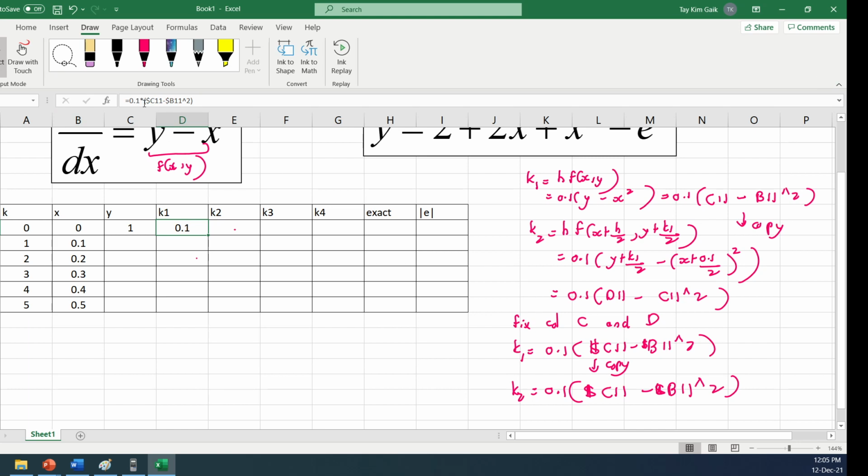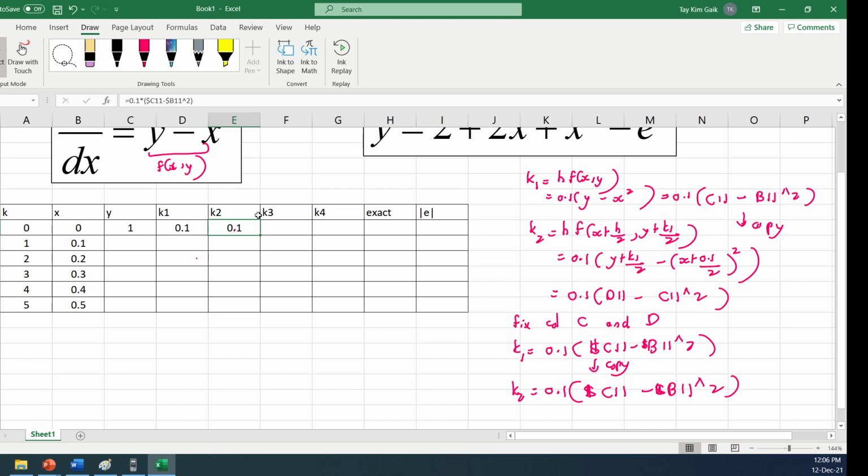So you see my formula now. 0.1, star, bracket, $C11 means fix column C for row 11. If I copy it down, the formula becomes $C12. So $B11, if copied down, becomes $B12. Fixed column means that when I copy it, the column is maintained.